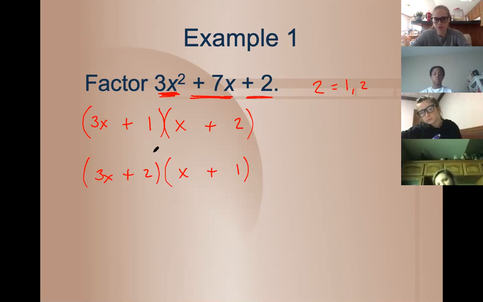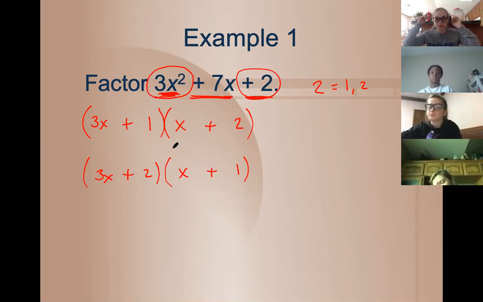It's going to be 3x plus 1 times x plus 2, or 3x plus 2 times x plus 1. Here's how you have to check it. All right. We're good on the first term and the last term, right? 3x times x. So you have to FOIL it to check it in your mind.